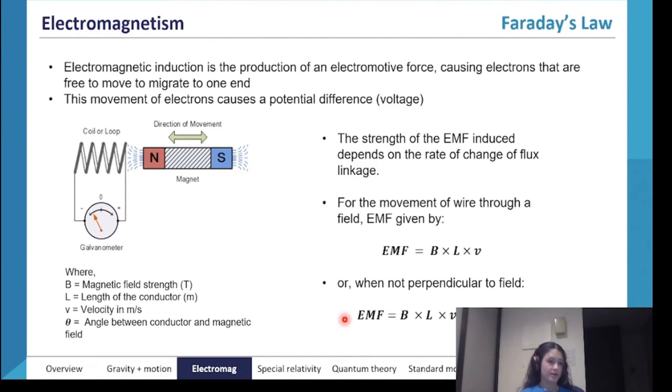If the wire itself is not perpendicular to the field, then we need to consider the angle at which the wire is at with the field. And this is, of course, because as the wire becomes more and more parallel to the field, it's going to be experiencing less and less of the force.